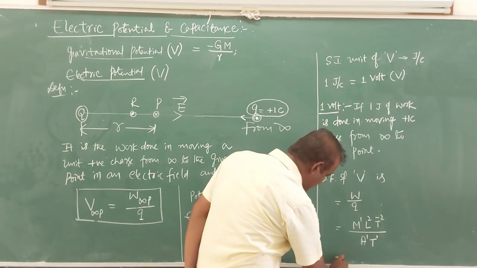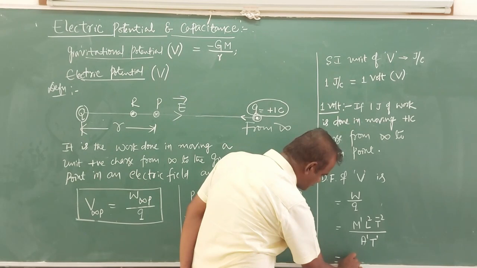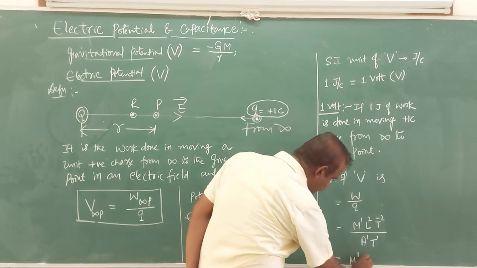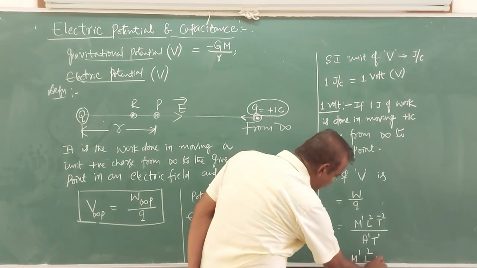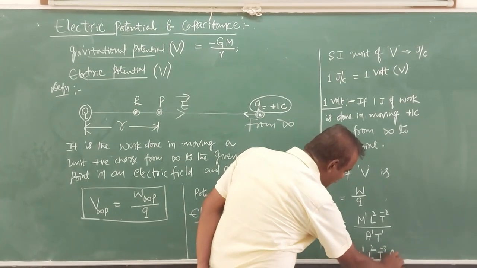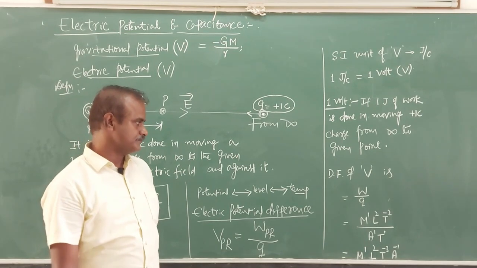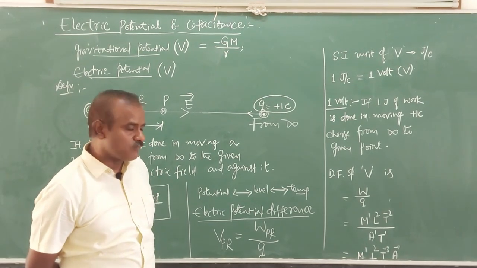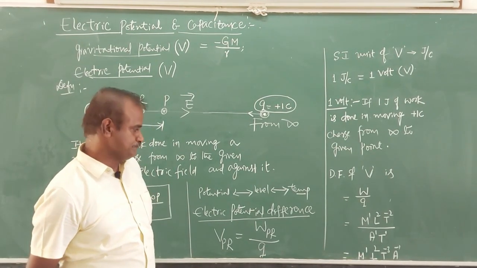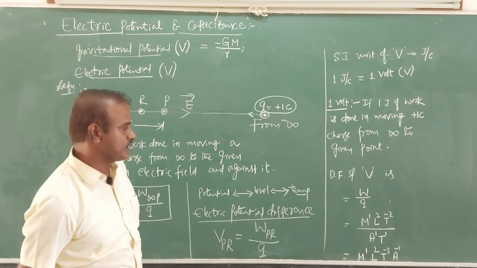On further simplification, 1 in mass, 2 in length, minus 3 in time, minus 1 in ampere. This is the dimensional formula for potential.